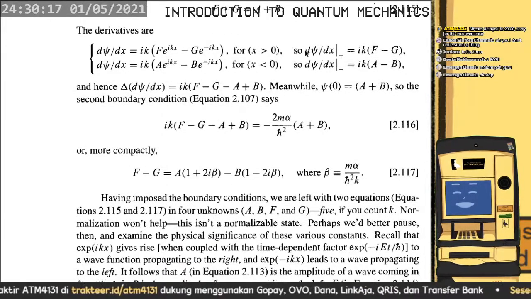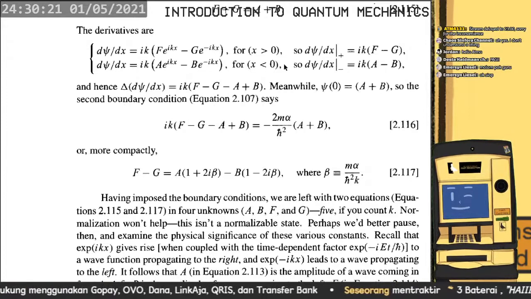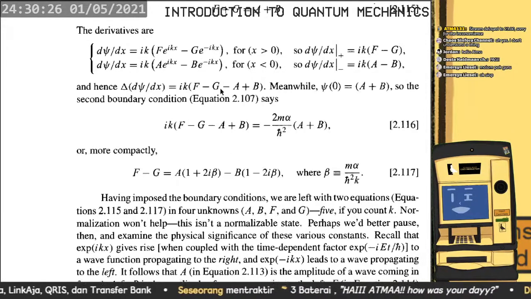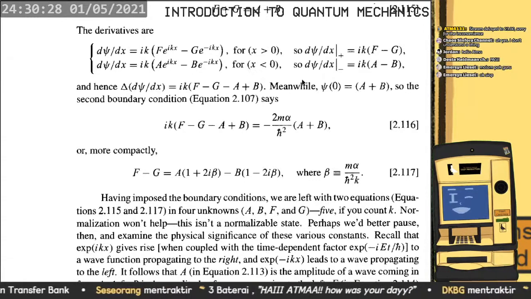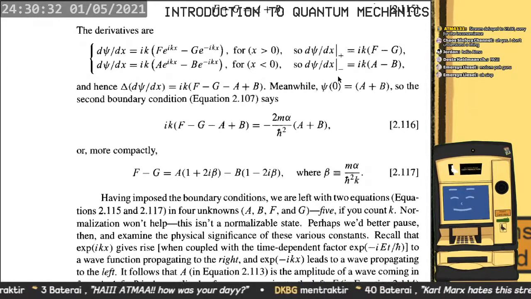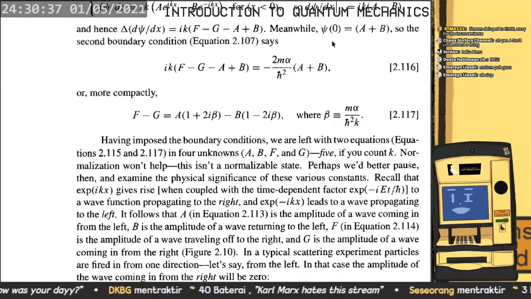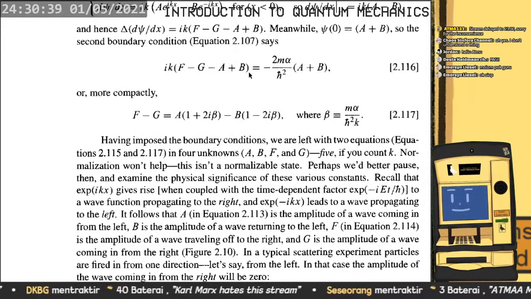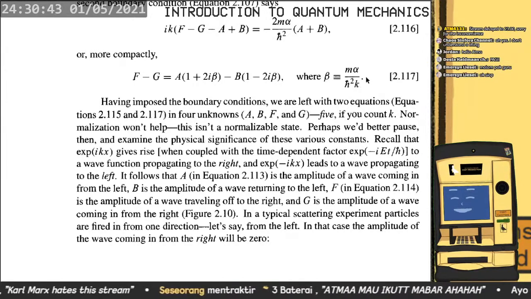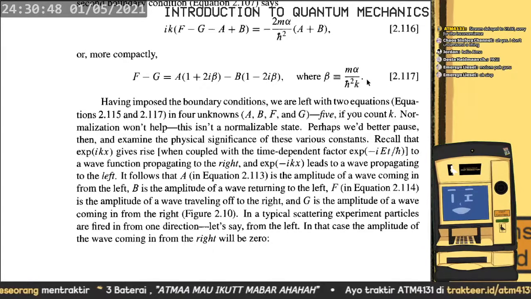The derivatives are as given, and hence the jump in dψ/dx equals ik times (F minus G minus A plus B). Meanwhile, ψ(0) equals A plus B, so the second boundary condition says this, or more compactly, this, where beta equals m alpha over Planck constant squared times k.